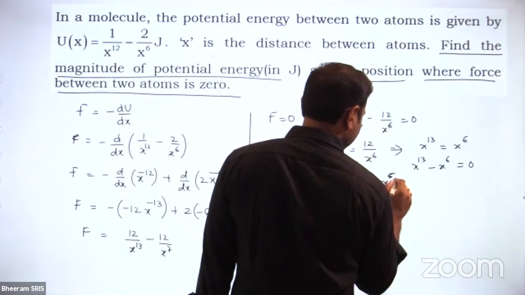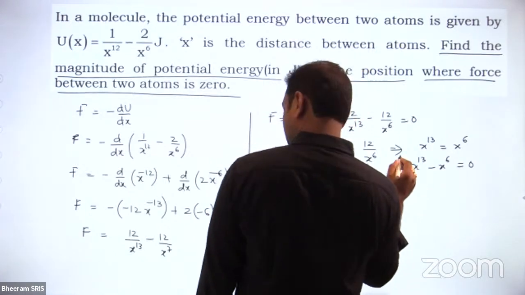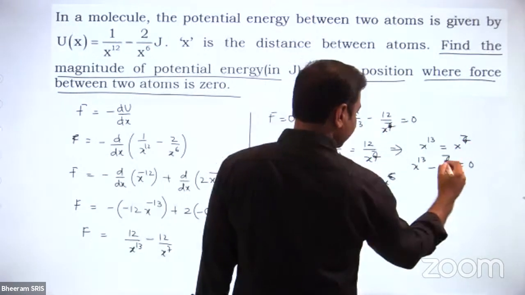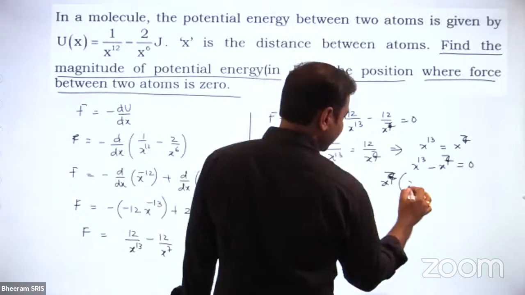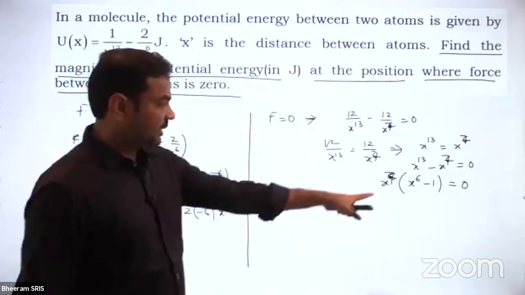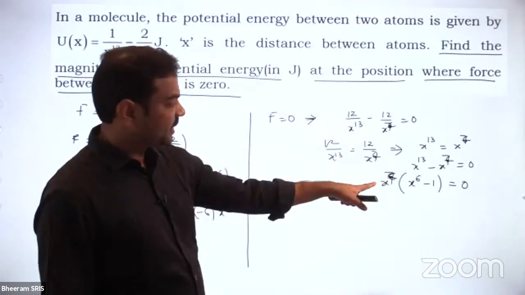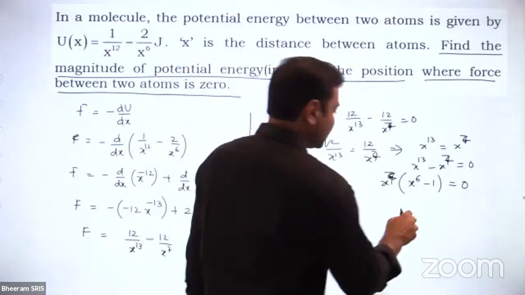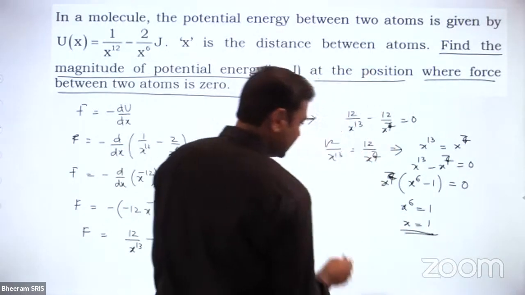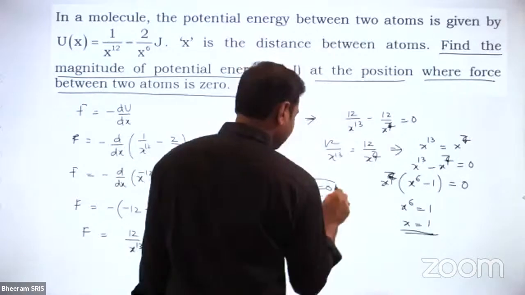If I take x raised to 7 common, x raised to 6 minus 1 is equal to 0. So x value can be what? x raised to 6 is equal to 1. So x is equal to 1. So x is equal to 0 is also possible.